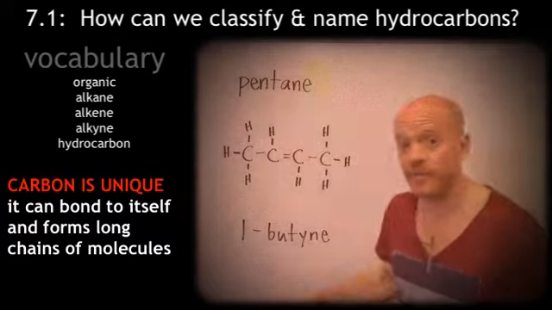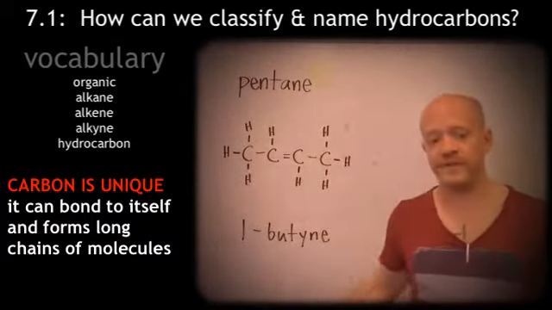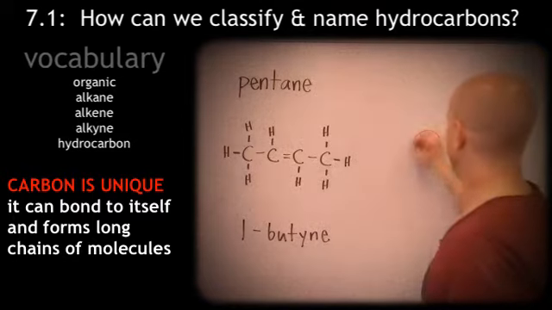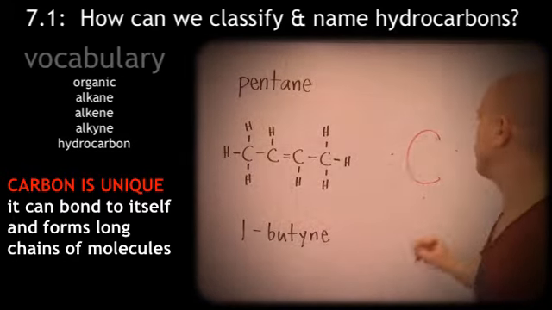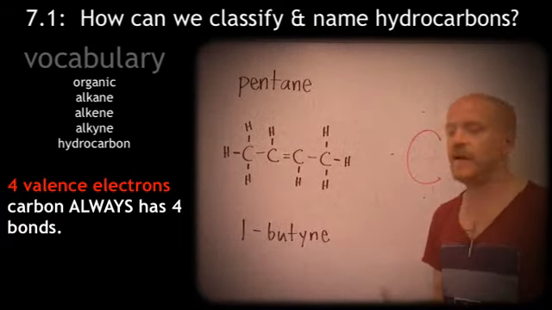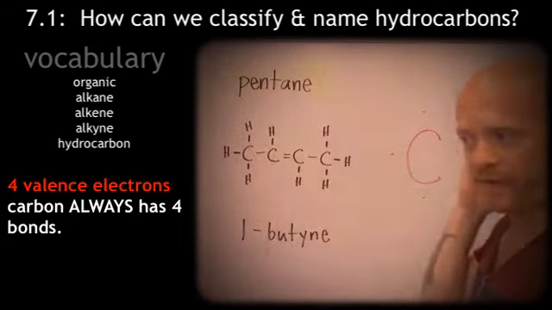except for carbon. Now, the other thing you need to know about carbon is, since carbon has 4 valence electrons, carbon can only form 4 bonds. That's it. Carbon does not form additional bonds.